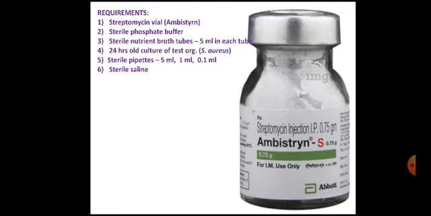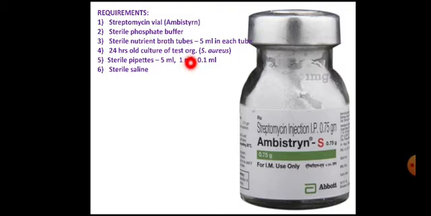The requirements for this tube dilution method are: the streptomycin vial, sterile phosphate buffer for the dilution, sterile nutrient broth tubes for the growth of the indicator bacterial pathogen, 5 ml in each tube, and a 24 hour old culture of the test organism.